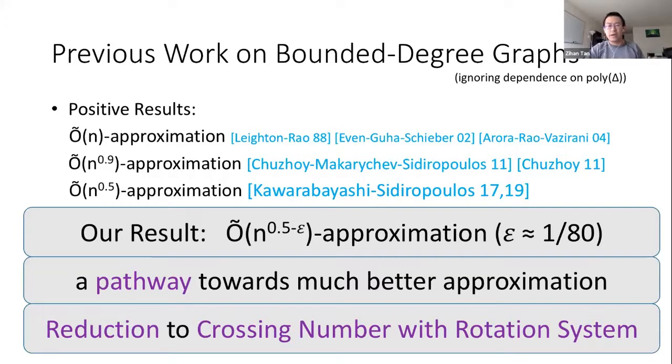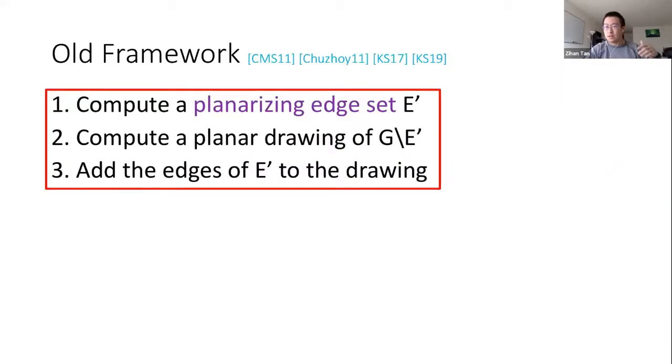So now let's first look at the previous framework that has been used by all the previous work in the recent 10 years. The framework is actually kind of simple, and it is also the framework that is used in all kinds of heuristics.